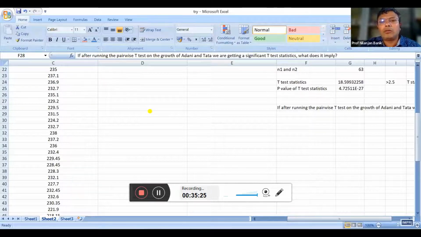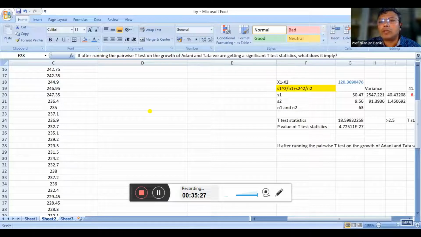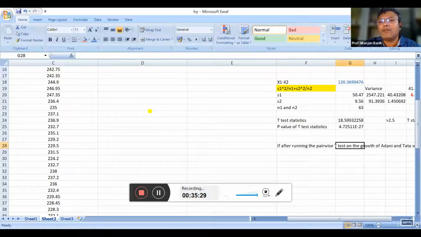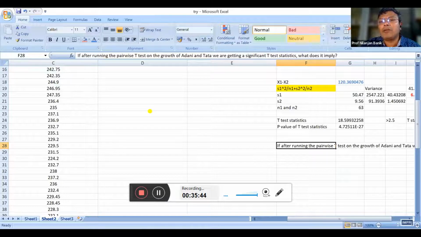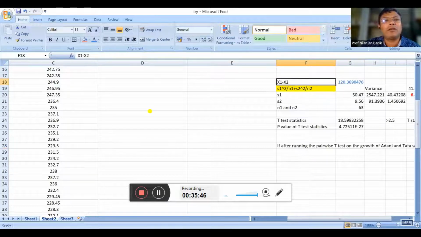If this is coming out to be statistically significant, then Adani is going to give you a better return. Yes, that's what Vandana is saying. If it is statistically significant, remember what is my X1? X1 is my Adani and X2 is my Tata Power.